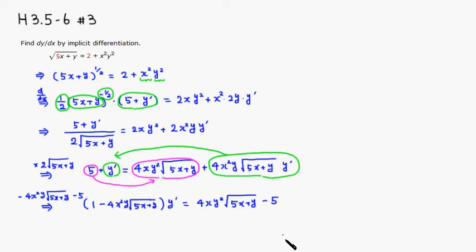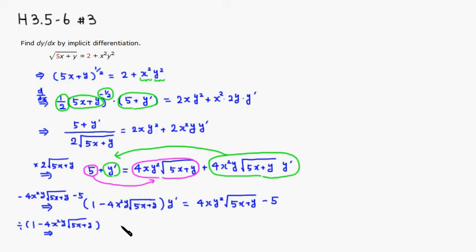Then we just need to isolate y prime, so divide through by this quantity. Divide through by quantity 1 minus 4x squared y square root of 5x plus y.